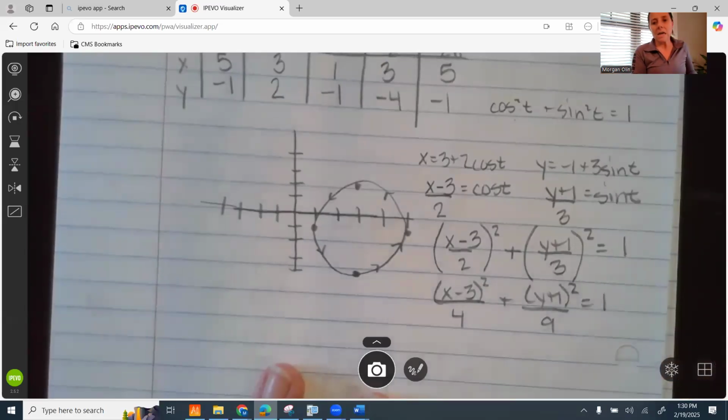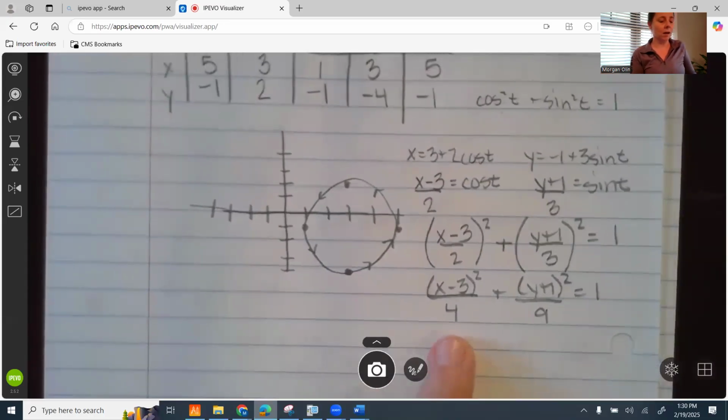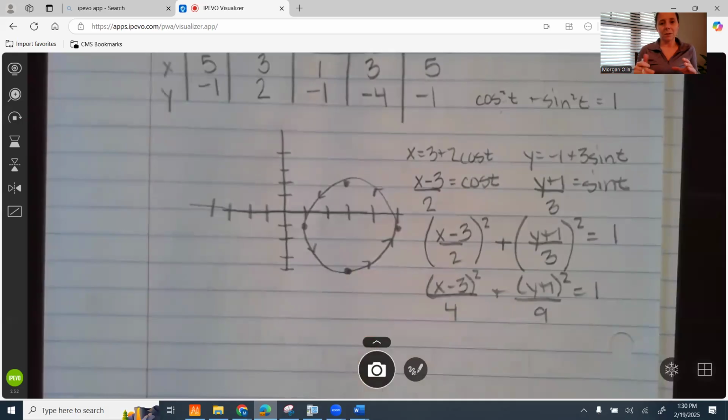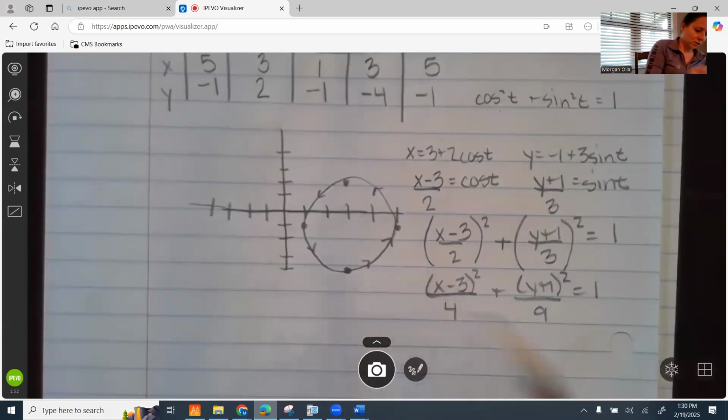If you recognize this, it's an ellipse. If you talked about ellipses, you would have talked about them quickly in pre-cal. Although a circle is a type of ellipse, an ellipse is maybe elongated in one direction or the other.